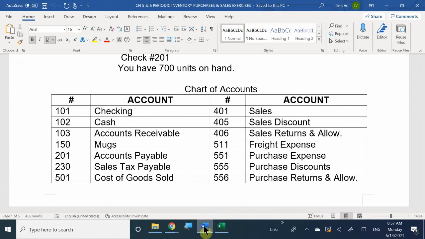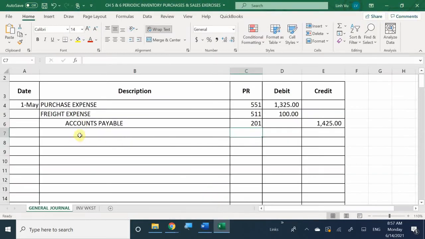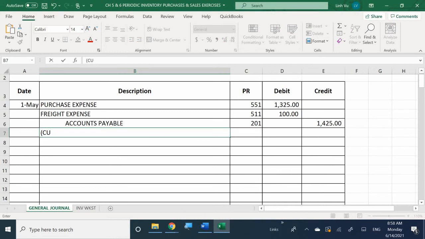Okay, so let's see what happened here. All right, make a note here. Usually what's going to happen is we generally want to put who we purchased this from. We purchased it from Cuppy's Co. How many items did we purchase? We purchased 500 mugs at $2.65 each, right?